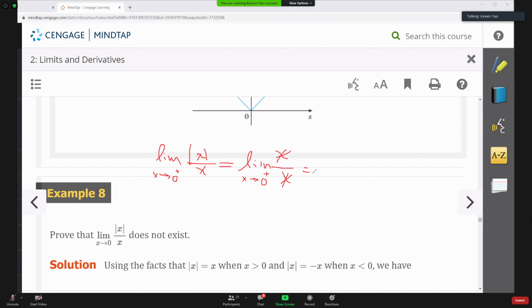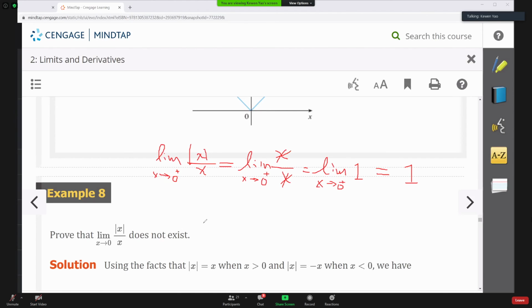So it becomes the limit as x approaches 0 from the right side of 1. 1 is a constant, so the limit of 1 is equal to 1. Okay, so now we know the right limit is 1.